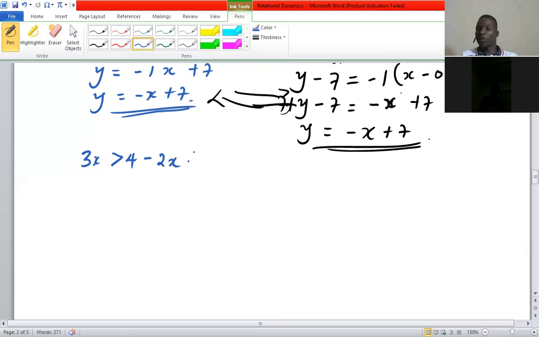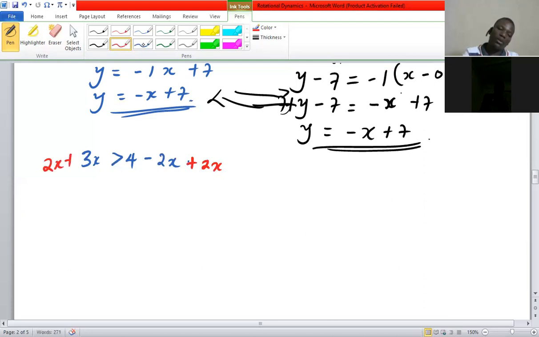So you group the like terms together. How do we group the like terms together? We add 2x to both sides.